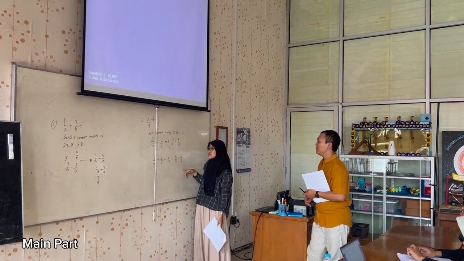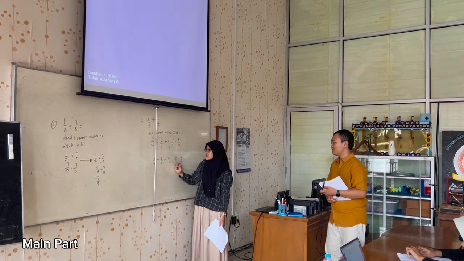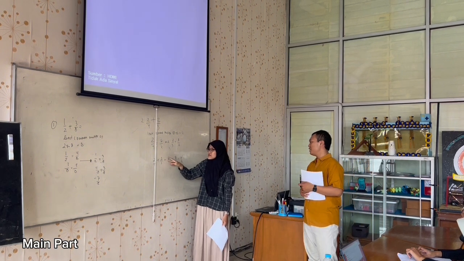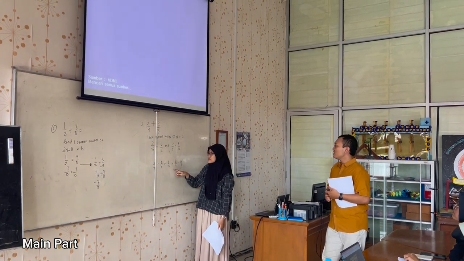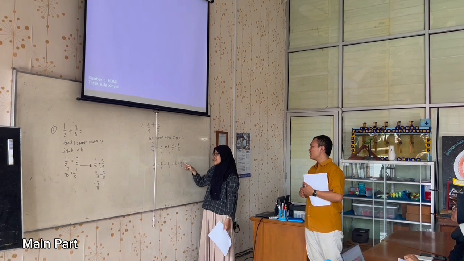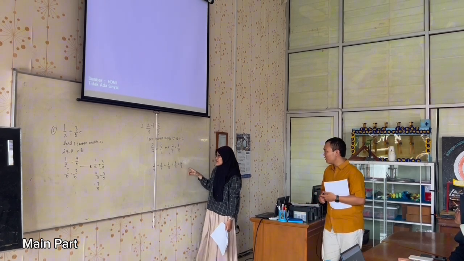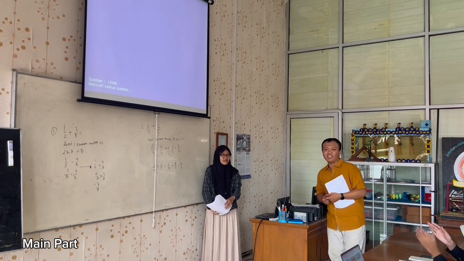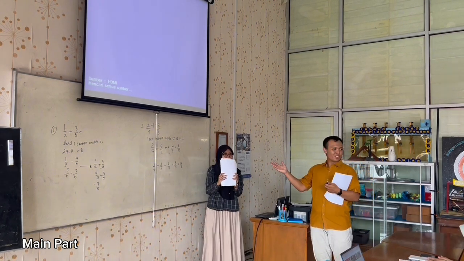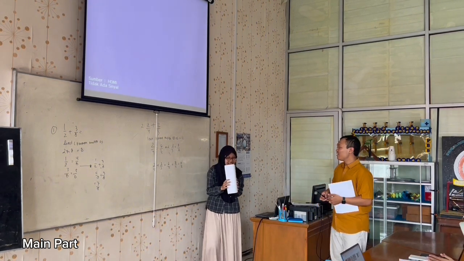So 2 over 4 plus 2 over 3 equals 6 over 12 plus 8 over 12 equals 14 over 12. Okay, that's correct. Is there any question on number 2? Okay, give applause.